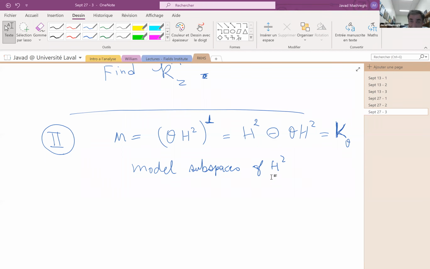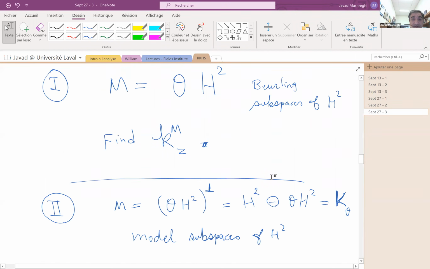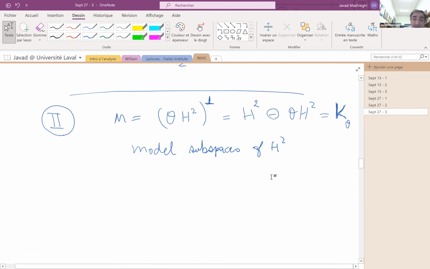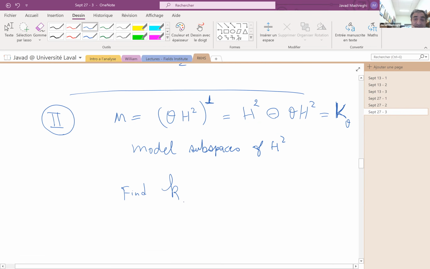So these are also closed subspaces of H2, so they have a kernel. And the same question as above: find the kernel for these spaces. Even though I could write K theta here, that is a bit too much K, K theta up there. Usually to distinguish, they write K_z^theta to say that this is the kernel for the model space.